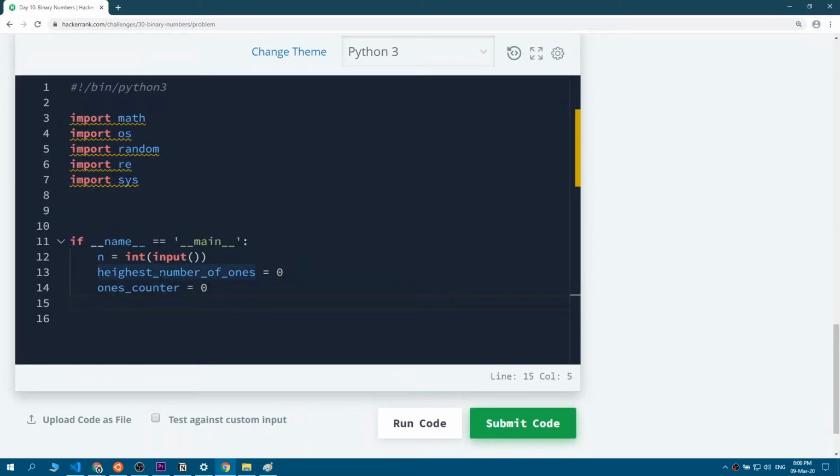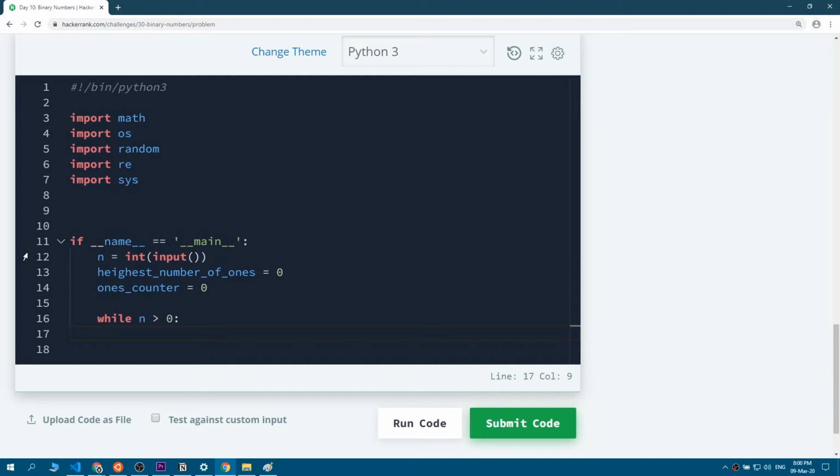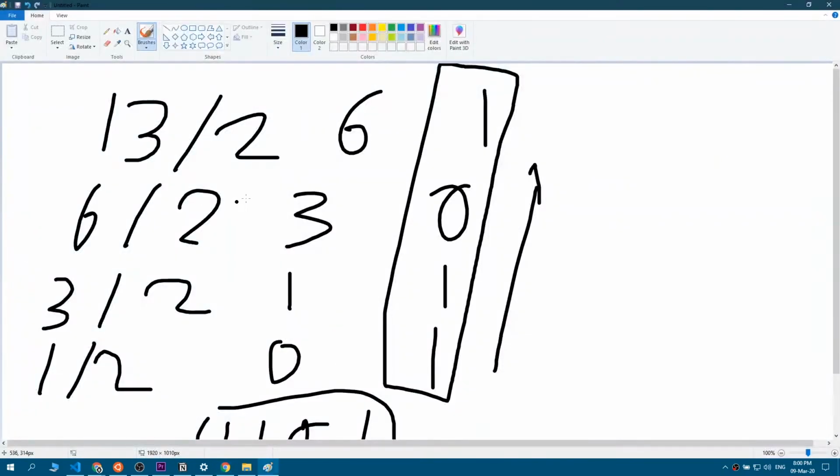So I will create a while loop which would check if n is still bigger than 0. If it's not bigger than 0, then we would stop. Nice. So then this would check if n modulo 2 equals 1, which means, basically what modulo does is it checks the remaining.